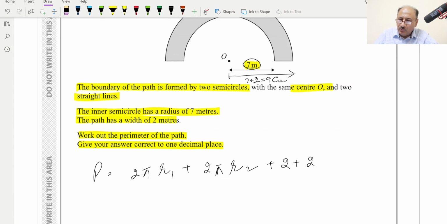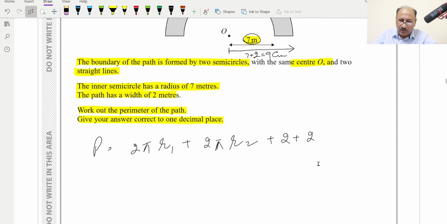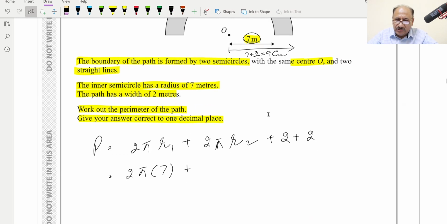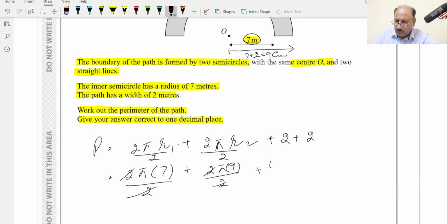So these will be 2 plus 2 added, and arcs are 2 pi r1. R1 we have taken 7, so we'll write 2 pi into 7 over 2 plus the second one. 2 pi r is basically the circumference of the complete circle, so we can write 2 pi r by 2, and this one also 2 pi r by 2. So here also we'll divide, and this one will be 2 pi, and the second one is 9 over 2, and this 2 will be cancelled, and this one will be plus 4.